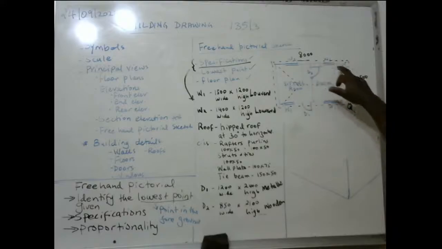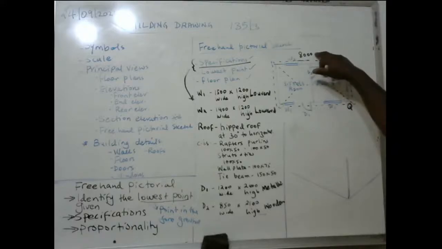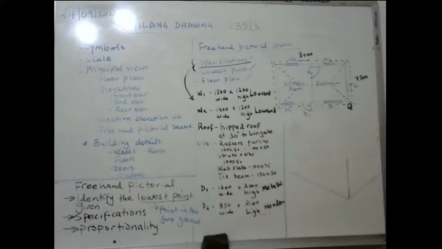This one is about half. 4,500 is slightly more than half of this. Or we can say that 8,000 is almost twice this one.